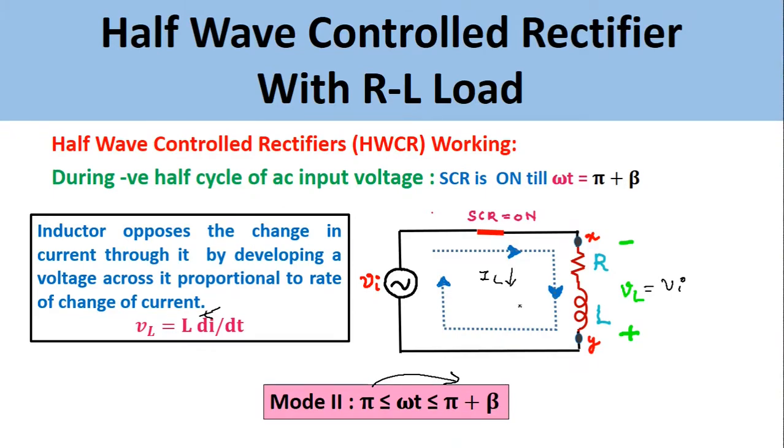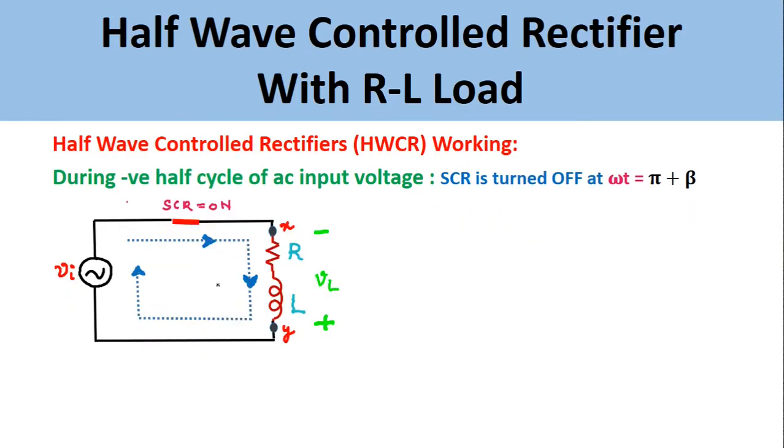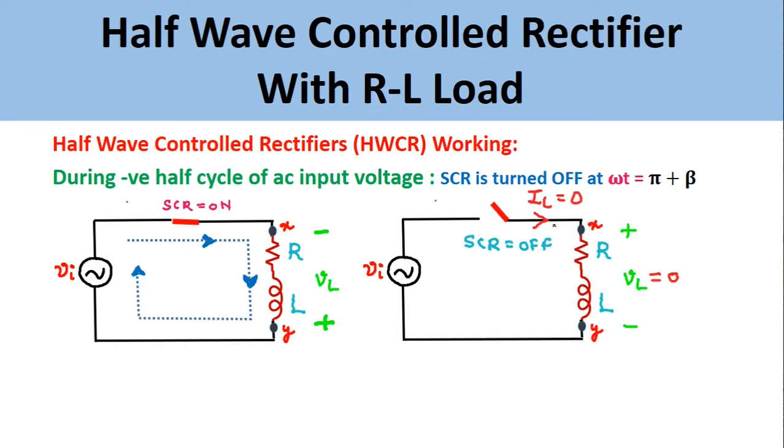So in the mode 2 operation, the load acts as a source and returns the stored energy back to the AC supply. Thus the SCR conducts from pi to pi plus beta due to the energy stored in the inductive load. As soon as the energy stored in this inductor goes back to the source, the SCR goes into the off condition due to natural commutation or line commutation.